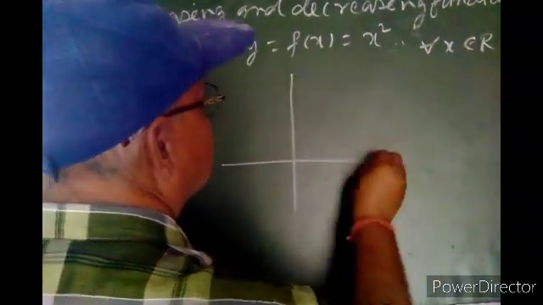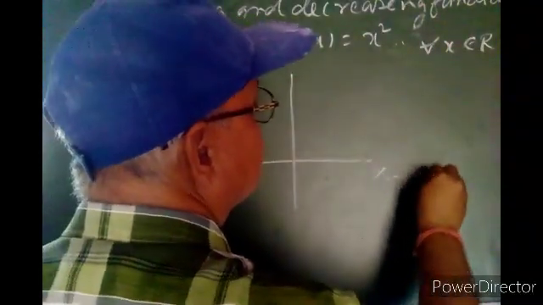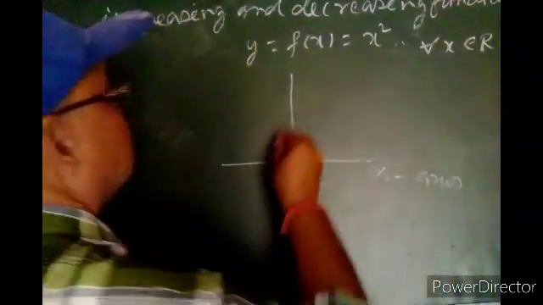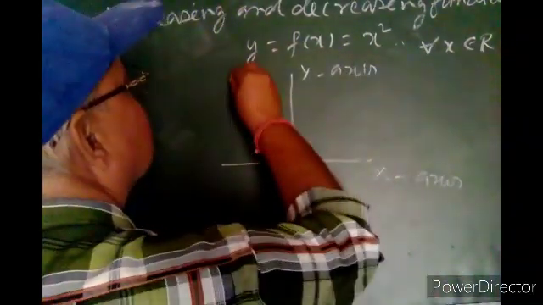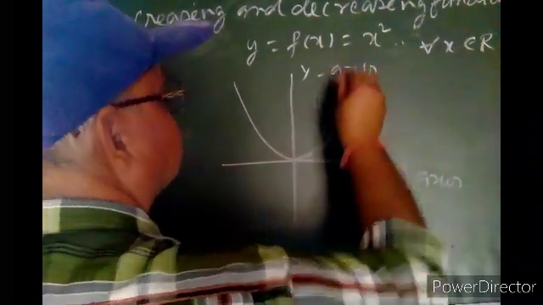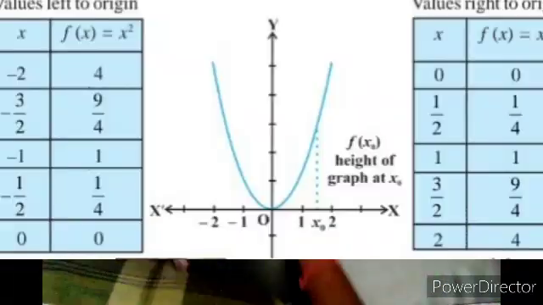This is the x-axis, this is the y-axis, and the graph will be like this. This is the origin.